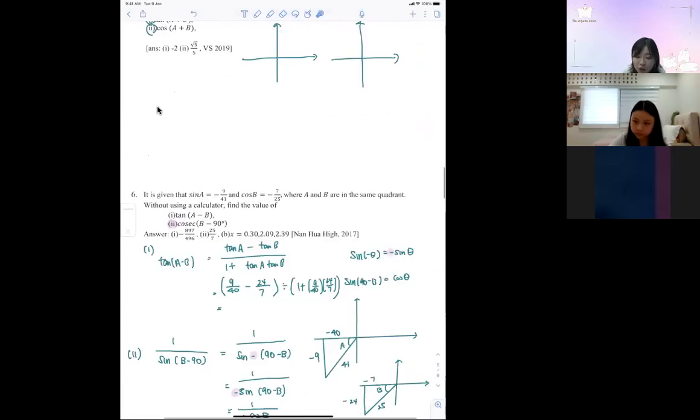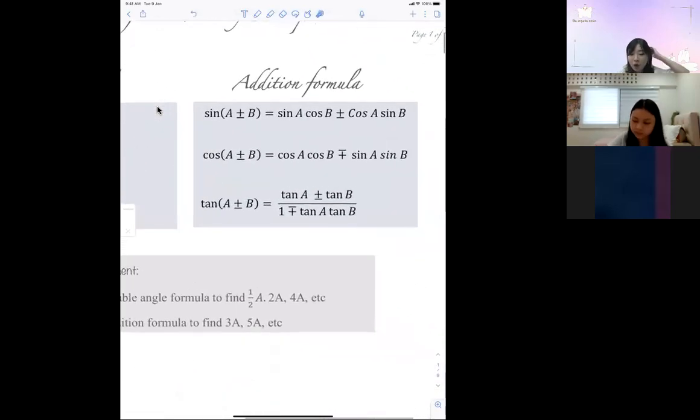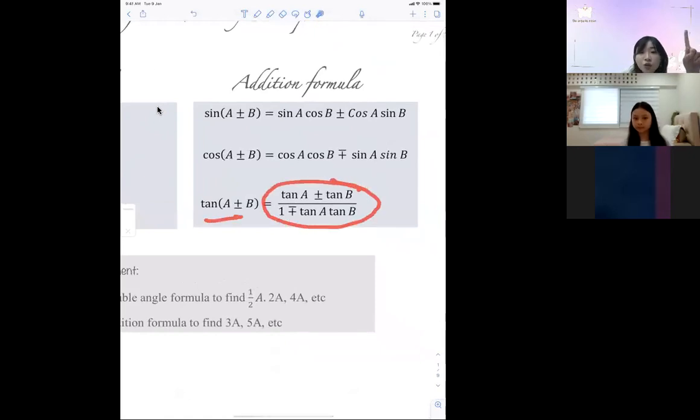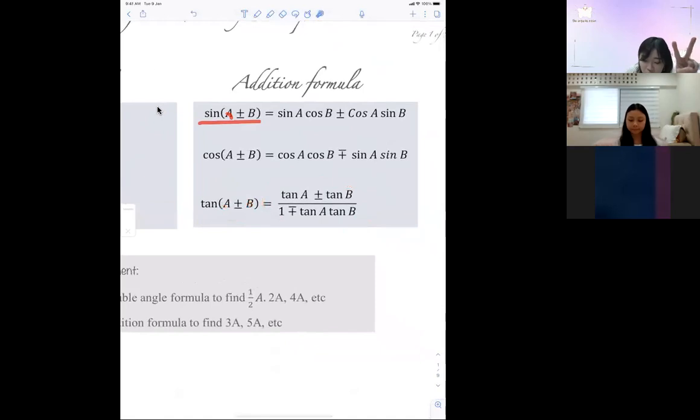But if you look at the addition formulas, only the tangent addition formula has one trigo function. If A and B are unknown, you only have two unknowns. But if you use the sine addition or cosine addition formula, you have four unknowns: cosine A, cosine B, sine A and sine B. Four unknowns.